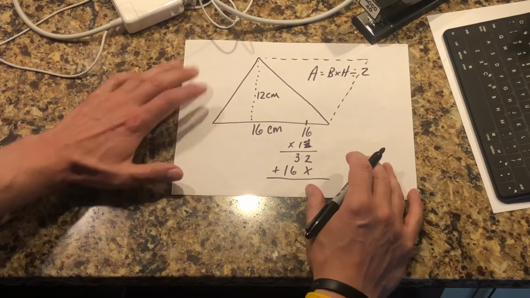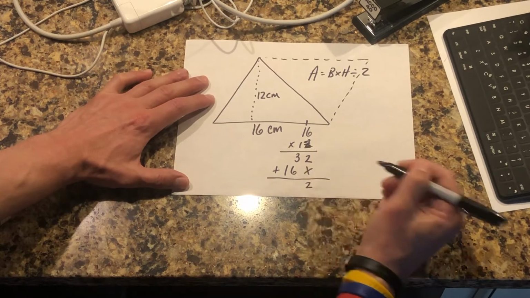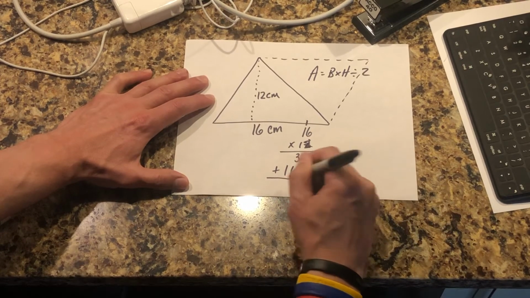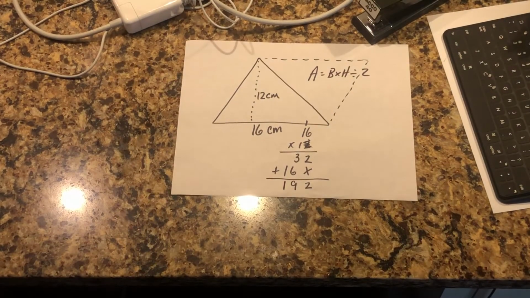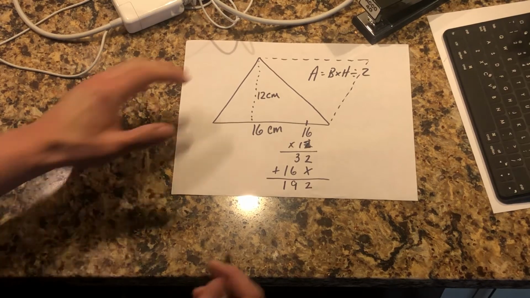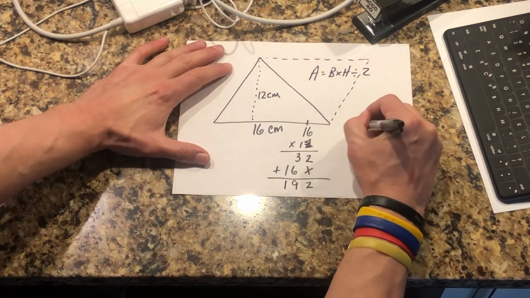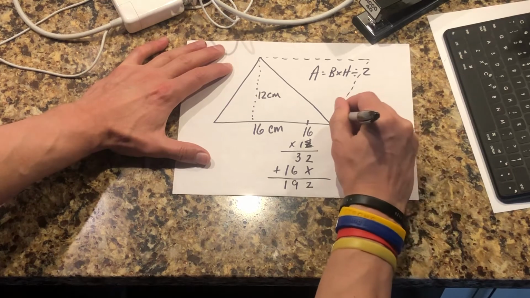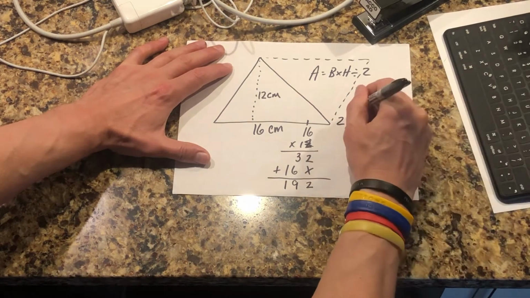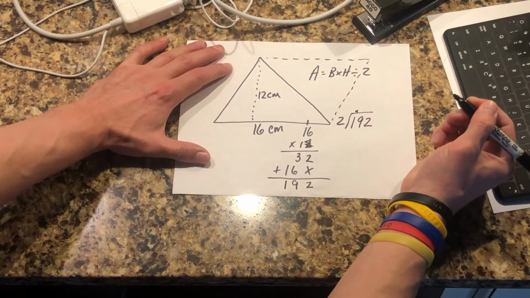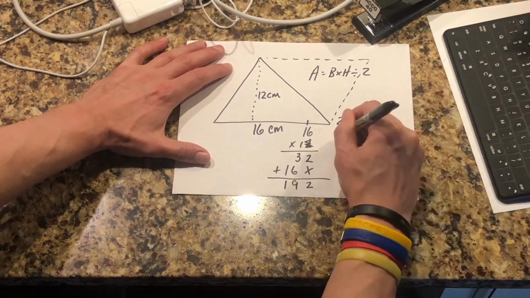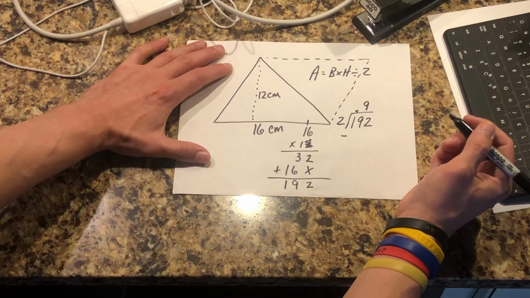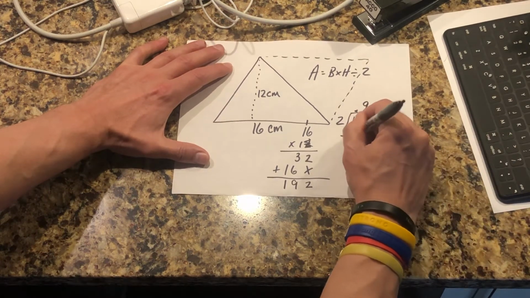Now I add them up. 2 plus 0 is 2, 3 plus 6 is 9, and I have a 1 there. Now remember, don't forget to divide by 2. I'm not done yet. So I take 192 divided by 2. 2 cannot go into 1, but 2 can go into 19 9 times, and 9 times 2 is 18.